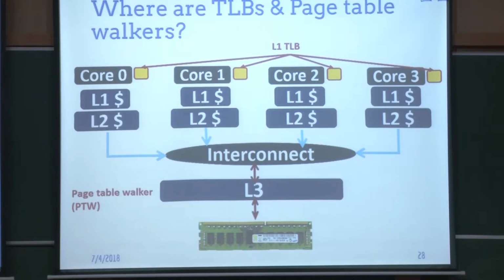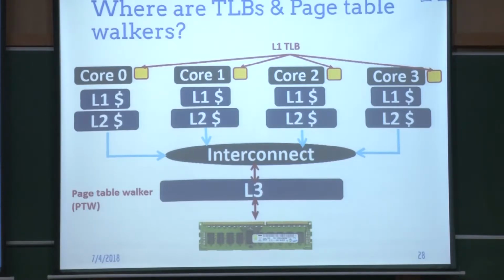How do you do that? You create multiple levels. This is a standard technique across any cache design, right? That is the trade-off. So you have L1 TLBs that are very tightly integrated with the cores. The reason is that typically the caches, including the L1 caches, are physically addressed, so they need the physical address.